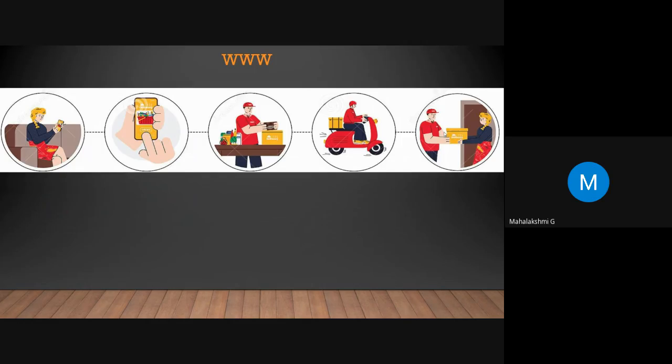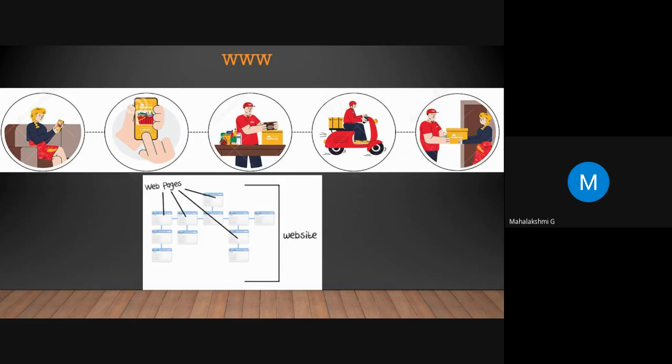Each site holds one or more documents referred to as web pages. Each web page can contain a link to other web pages in the same site or at other sites. The pages can be retrieved and viewed by using browsers.